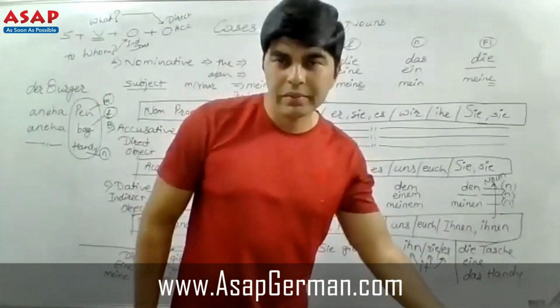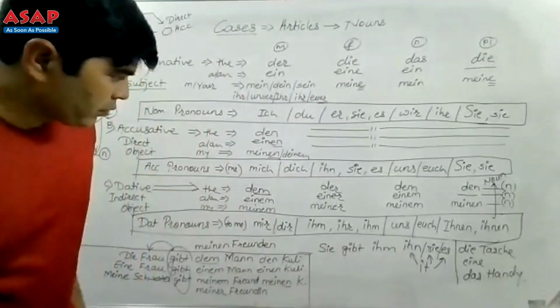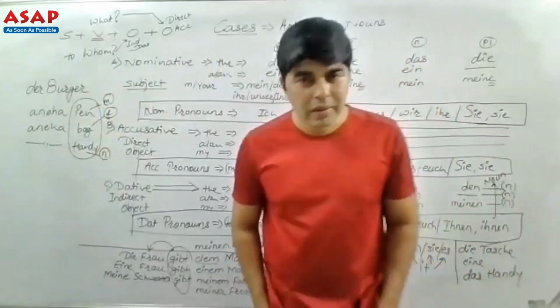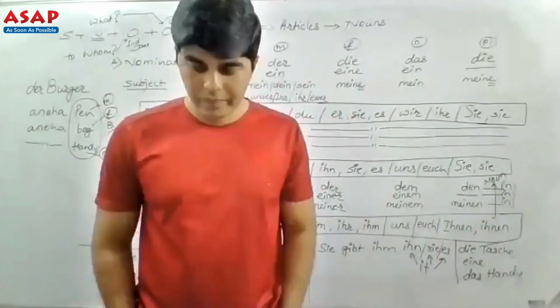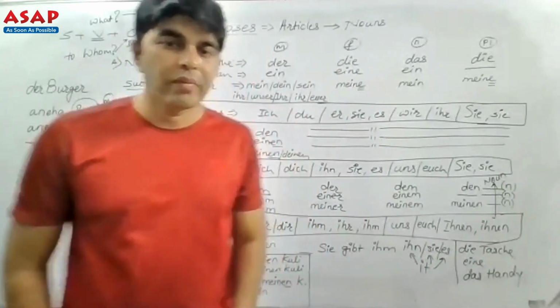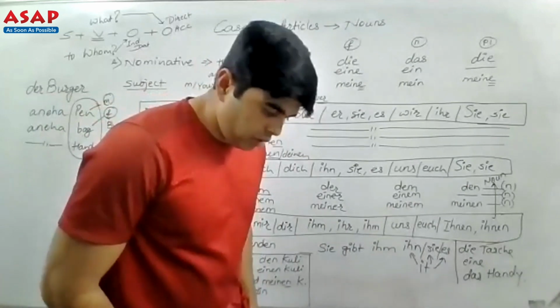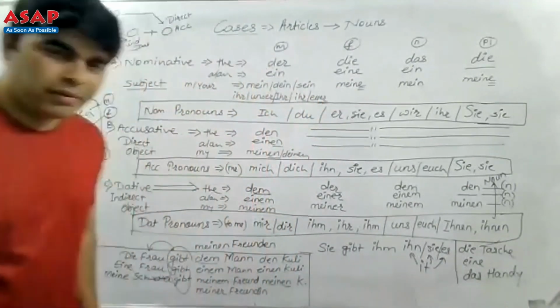Sir, I have one question. Yes, please go ahead. I don't know whether it is really related to this, but I want to ask. For the word which, we have Welcher, Welche, and Welches. So when we want to say on which day, why do we always say on welchem Tag? Where does that M come from? Yes, because the same thing we are going to do.